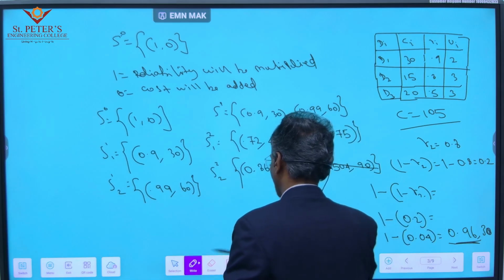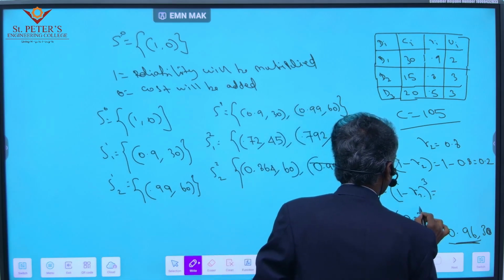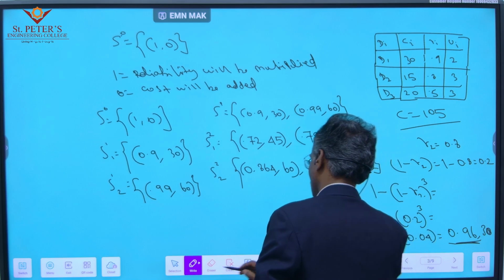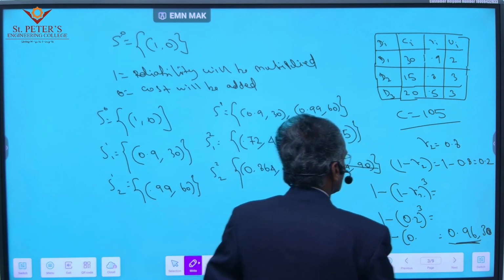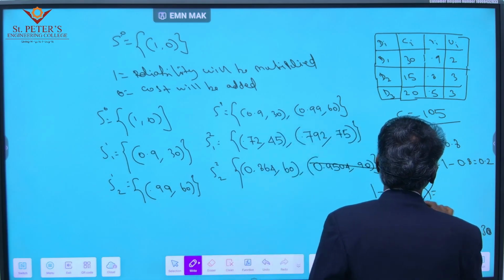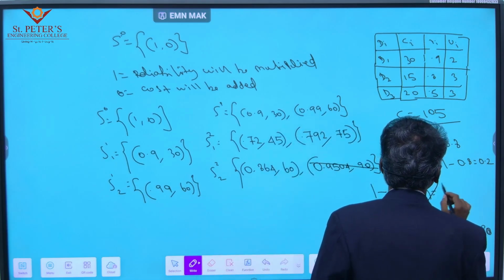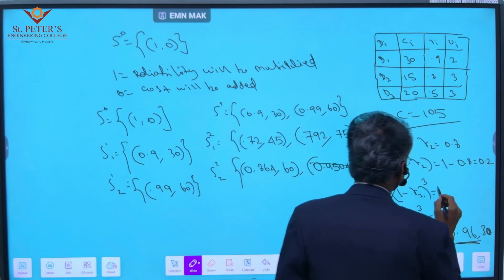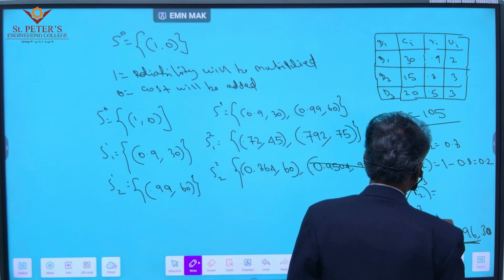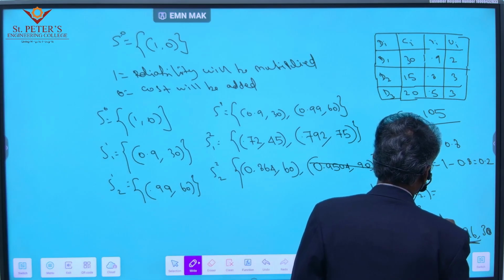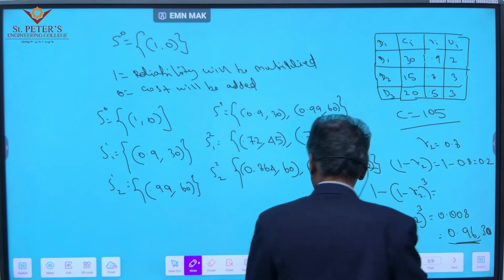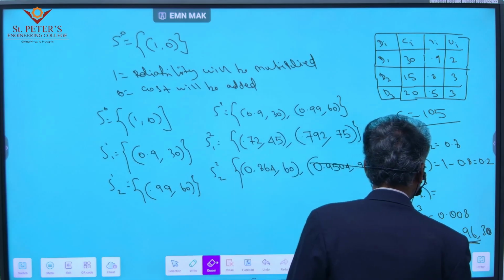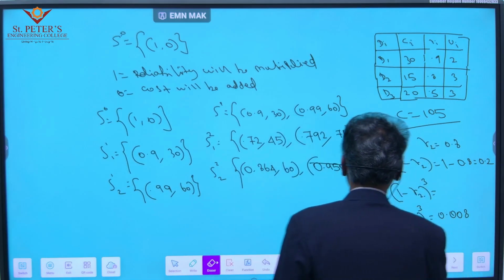Yes, here you can add 3. So what is this? 1 minus R2 is 0.008. Right.